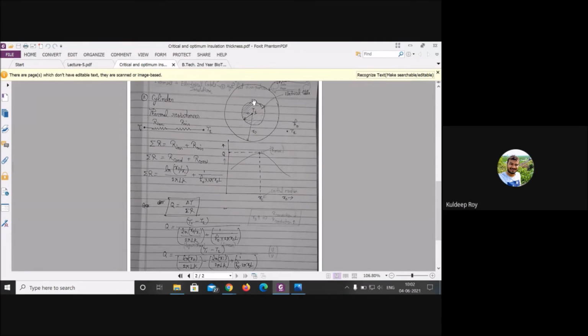If the heat dissipates from this surface, then there will be some kind of conduction resistance, and beyond that there will be convection. Then you have added both types of resistance. One is due to insulation, another is due to air.